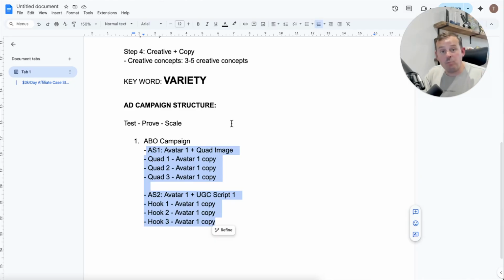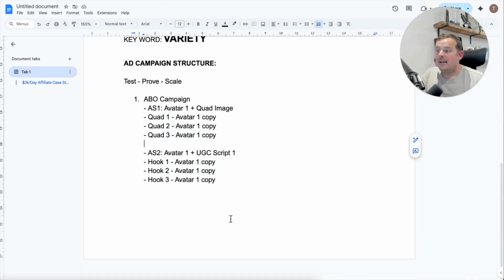You don't need a GoPro. Obviously, it makes it a lot easier, but you can get your partner or your kid or your friend to just hold the phone over your shoulder so you've got two hands, or you could just do it with one hand, right? So there's no excuse that you can't make your own creative. There's no excuse that you can't do your own avatar research, right? It's all doable. Okay, so that's what I do.